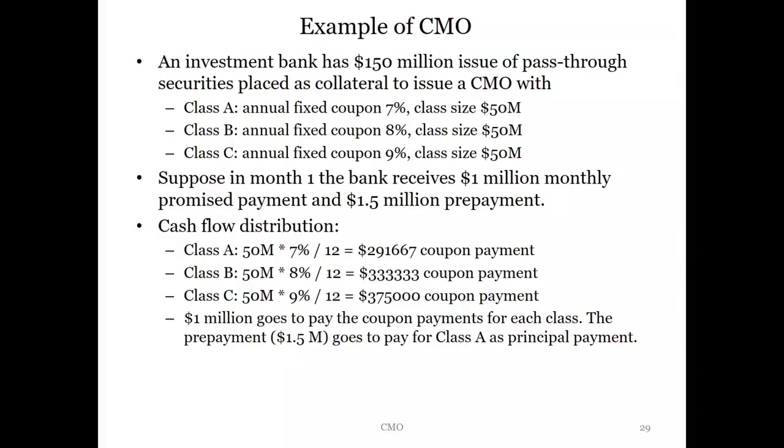And in month 2, when you calculate the coupon payment, you will need to use the lower principal multiplied by the coupon rate. So that means class A bondholders will receive less coupon payments in month 2 compared to month 1. Make sense? But for bond B holders and C holders, they will receive the same. Make sense? Any questions? All good?